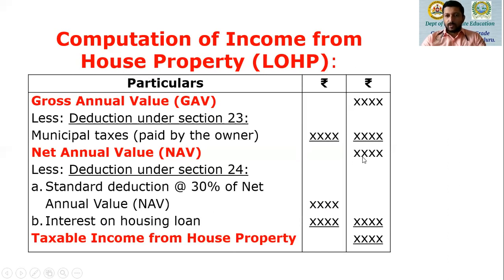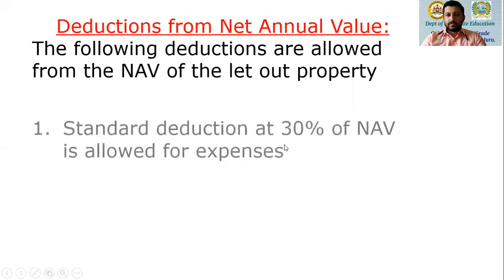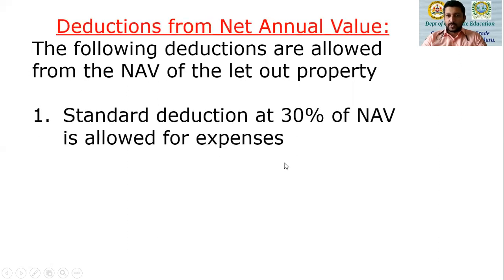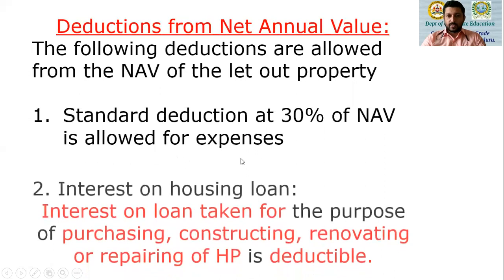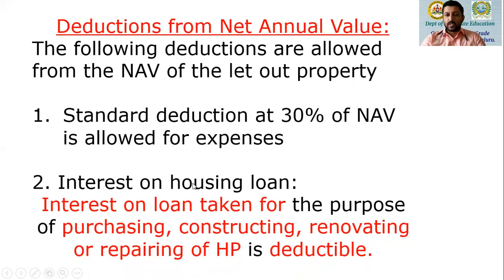So from the net annual value, if we deduct the standard deduction and interest on housing loan, we arrive at what is called taxable income from house property. We have just discussed that standard deduction at 30% of NAV is allowed for all expenses. Then interest on housing loan.